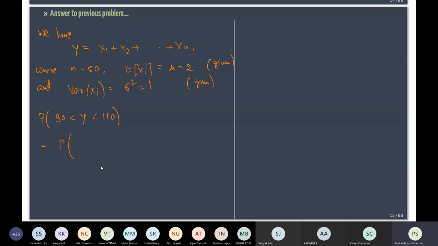So it's 90 minus n mu, where n is 50 and mu is 2.